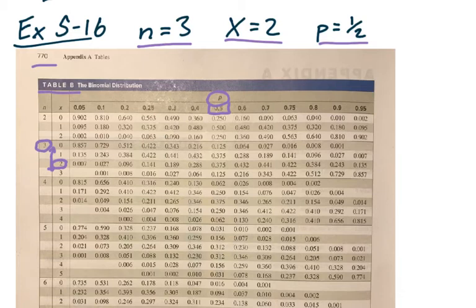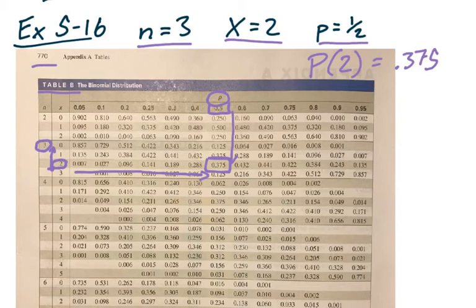So we're just going to line up this row and this column. And yeah, I scribbled over the row below. So we'll do this calculation. The probability of getting exactly 2 heads would be 0.375 or 37.5%.